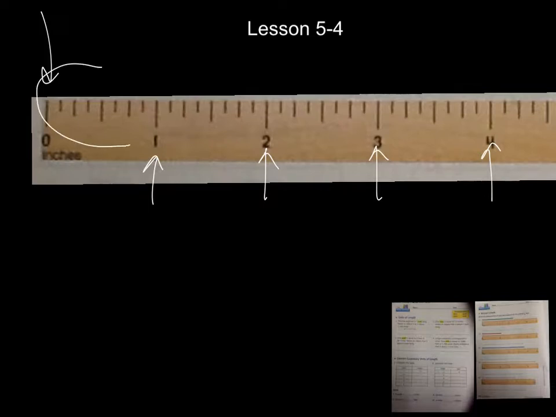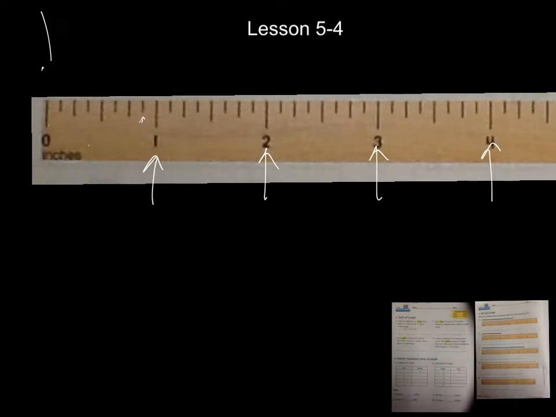So today we're going to talk a little bit about what's in between these inches. I actually want to erase what I just did. I want you to see there are 8 chunks.